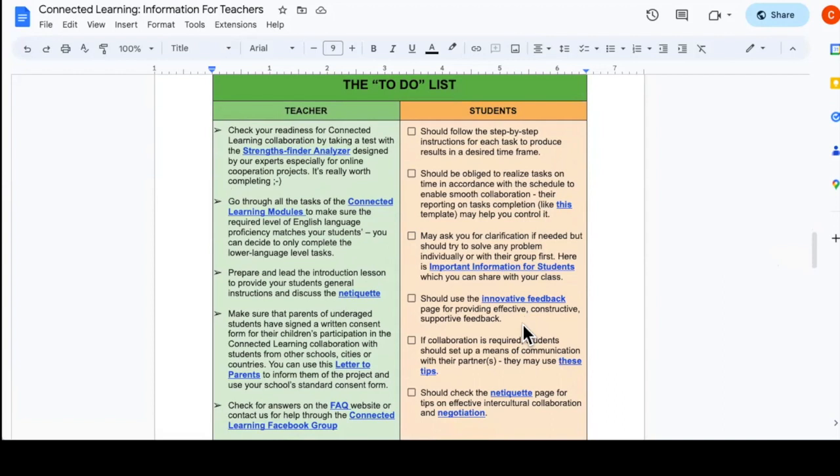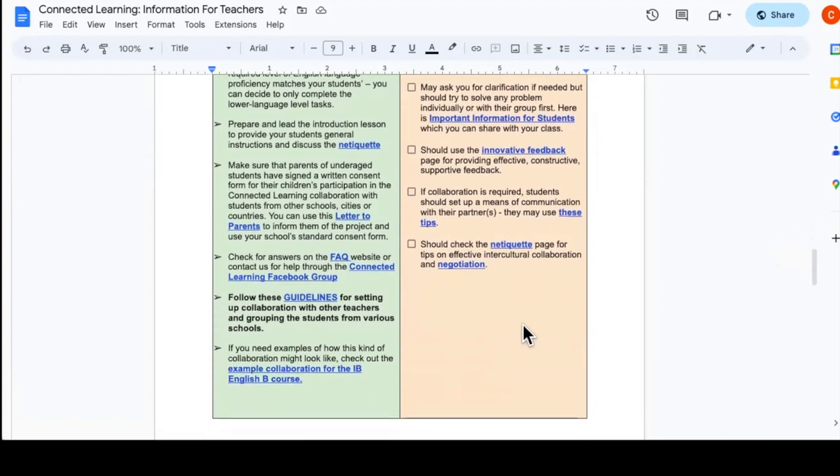And when they are working in groups, they need to learn effective intercultural collaboration and the language of negotiation as well. So everything is connected.